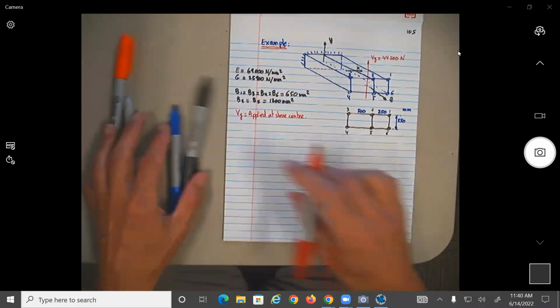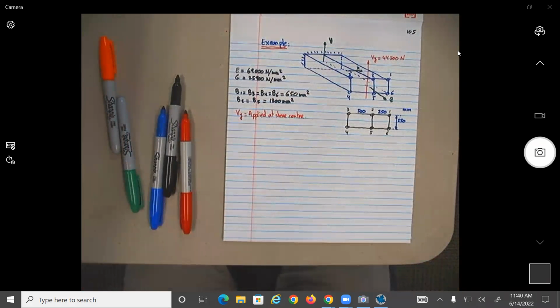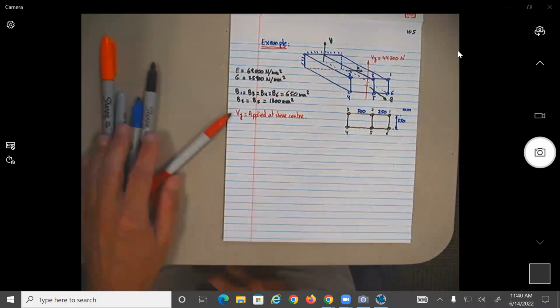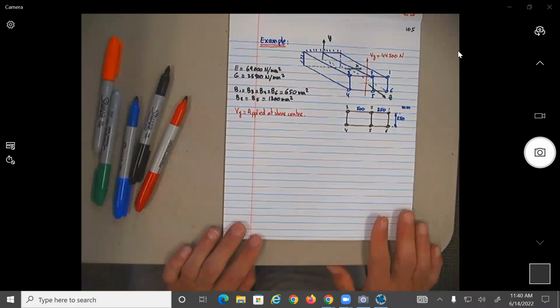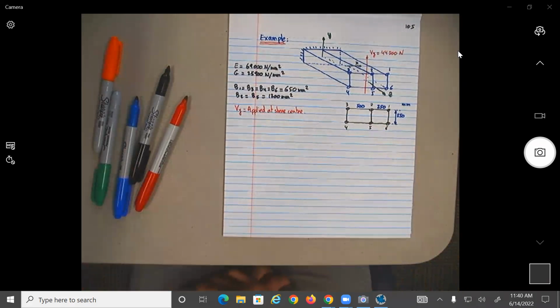applied at the shear center. So I selected this problem for two reasons. One, to do the example for the strain energy due to shear, but then because Vy is applied at the shear center. And most important, that's not new, but this time the cross section is not fully symmetric, no? Yeah, so let's see what happened with the induced shear flows.